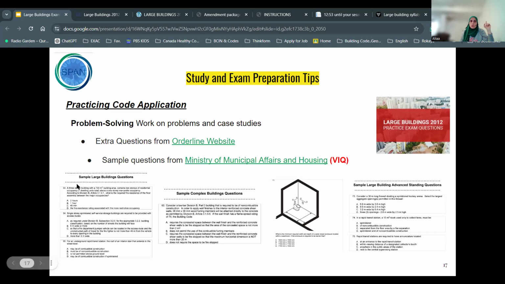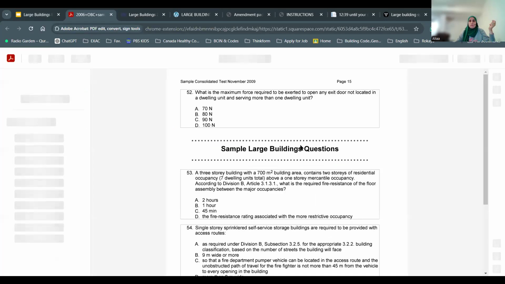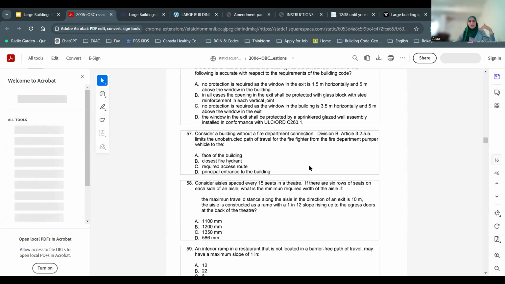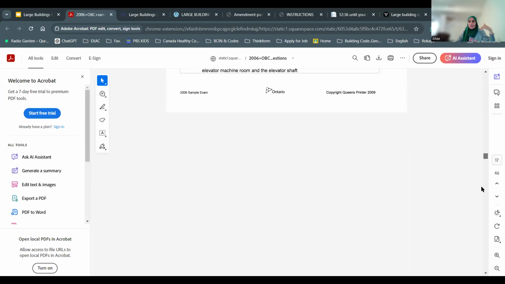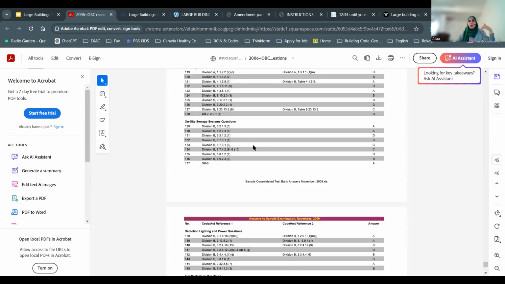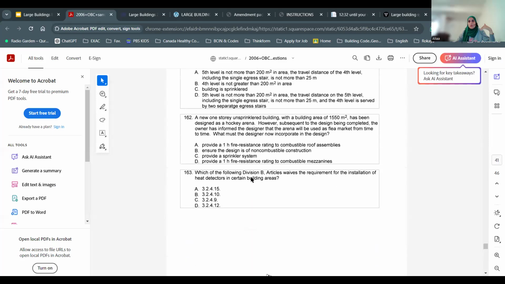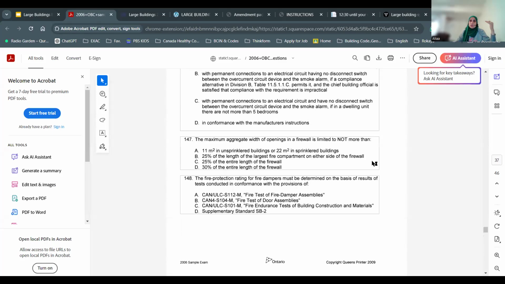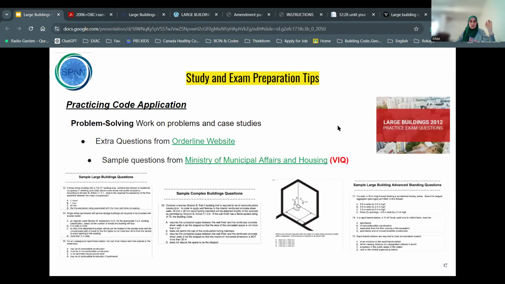I recommend solving the questions for small building, large building, complex building, and advanced for large building, because my exam had 3 or 4 questions from this one. As you see, it's a PDF. It gives you a question, and at the end it provides you with the answers and the references. I answered these questions at the end, after I finished studying.